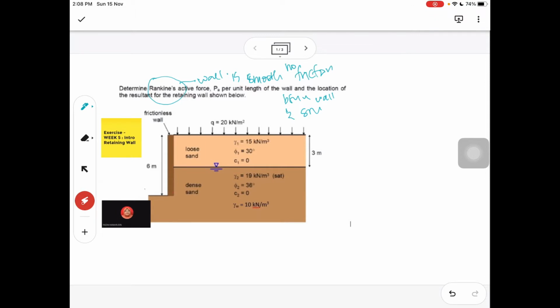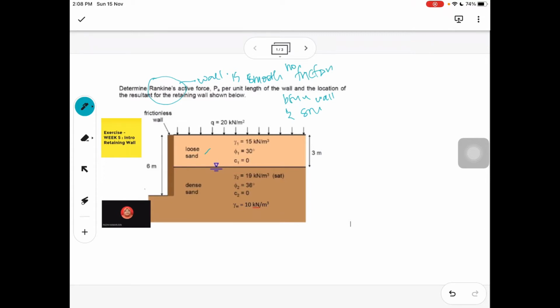The question asks for active force. So for active force, you have to calculate Ka. For the first layer, loose sand, phi is equal to 30 degrees.